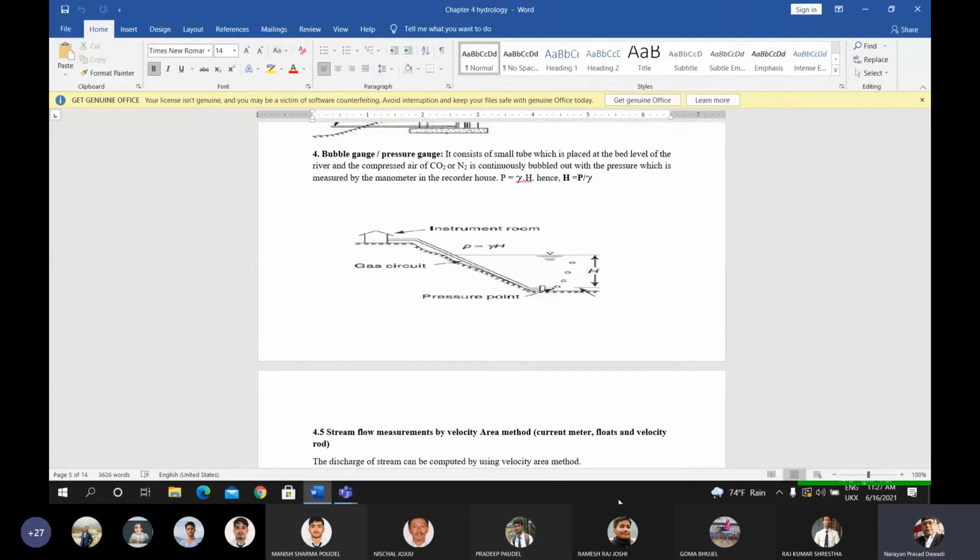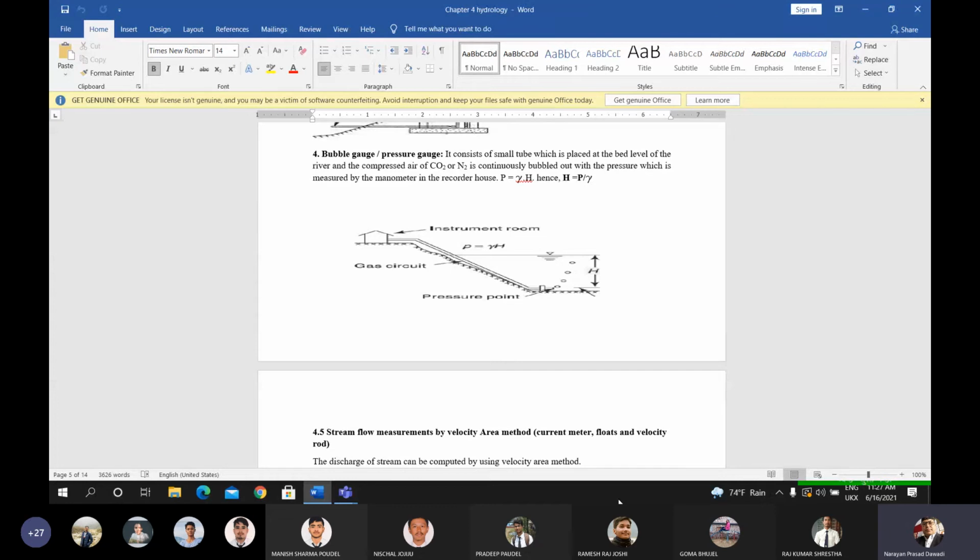That gas is passed through a small pipe to the base of the river, and the gas outlet is pressed by the water. The pressure exerted by the water at the outlet point of the pipe is recorded in the instrument room by a manometer.